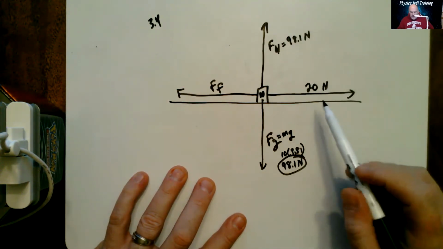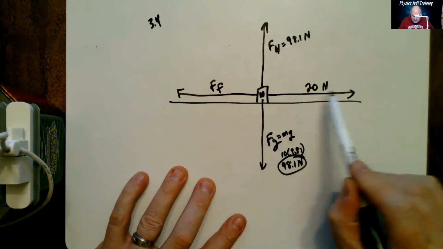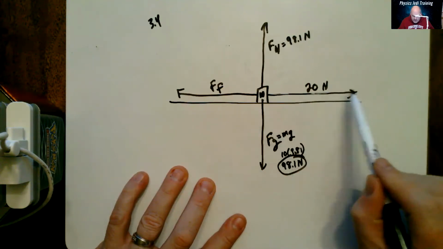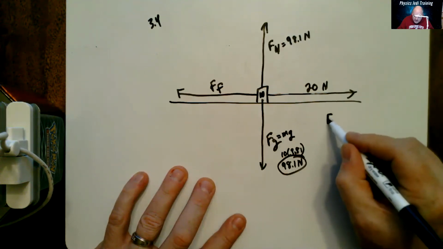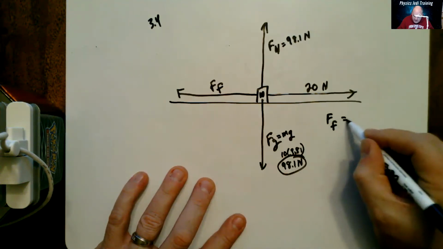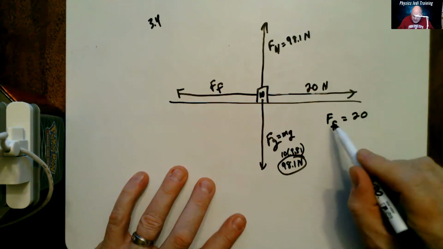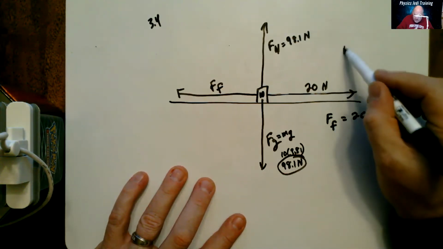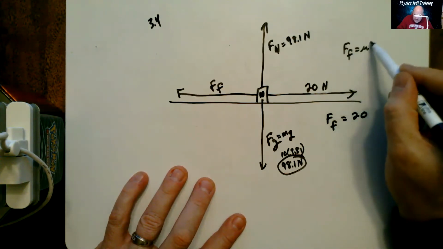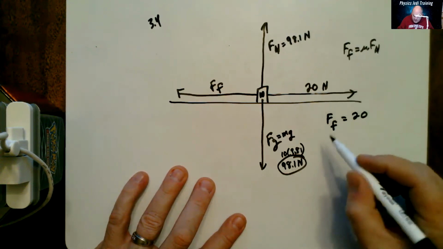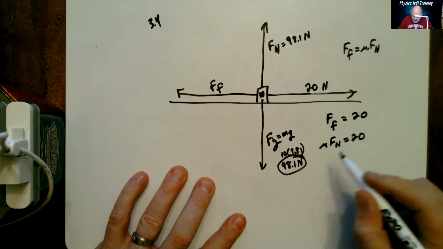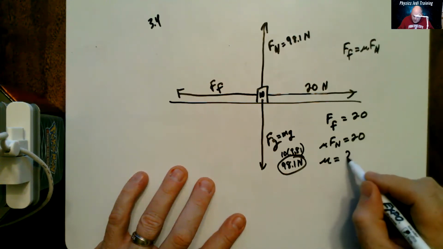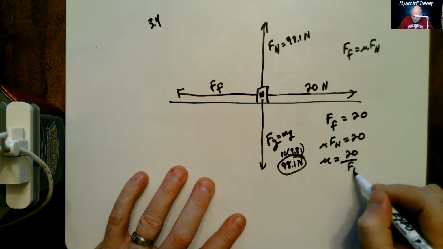Okay, so it's a constant velocity. That means this force and this force, any lefts and rights, would have to be equal also. So I'm going to start my derivation with friction equals 20. In for friction, I can put my equation: friction is mu Fn. So mu Fn equals 20, and then mu would equal 20 divided by Fn.